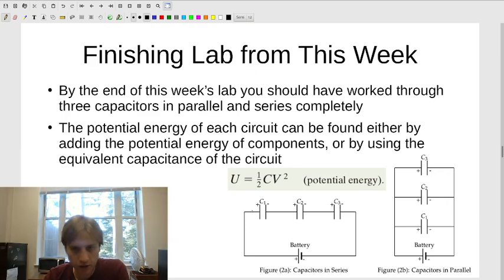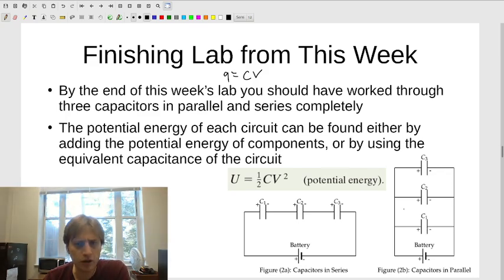Then for this one, we took the average charge and divided it by the battery and got our equivalent capacitance. For this one, we added up the total charge by adding the charge on each plate, just using our Q equals C times V. And then we found the equivalent capacitance in that way.